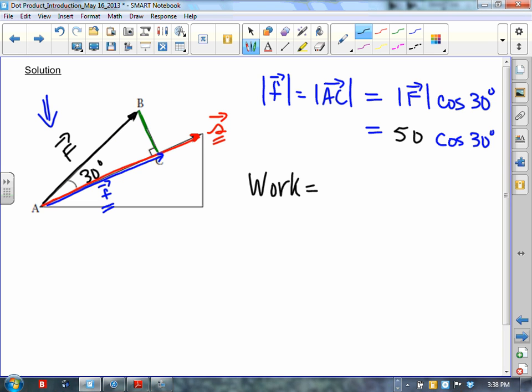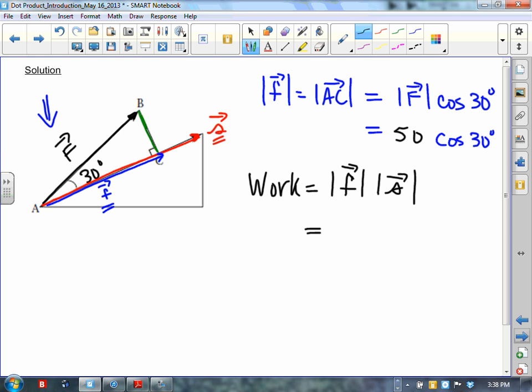So work then is going to be the magnitude of that force that's applied in the direction of displacement. Let's make that clear. Work is done in the direction of the displacement. So we need to take the value of that component vector, its magnitude, and multiply that by the displacement of this object.